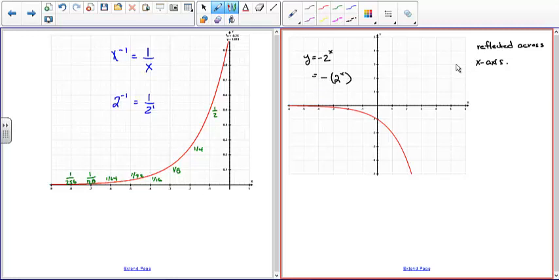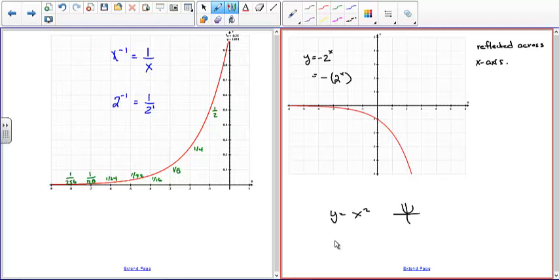So just like other functions, when you put a negative sign out in front of the base function, you reflect it across the x-axis. So remember, if you have y equals x squared, it looks like this.